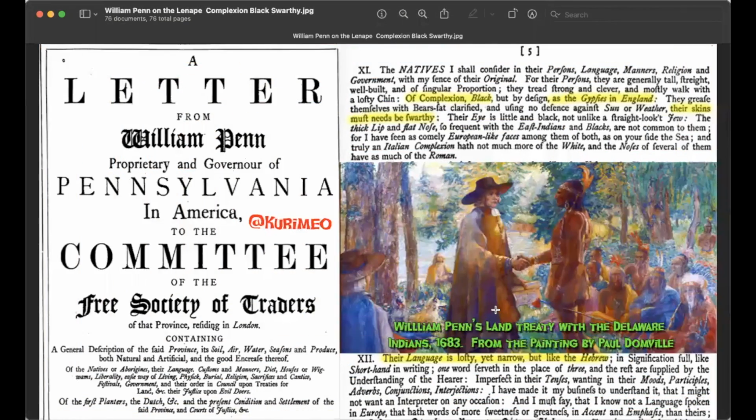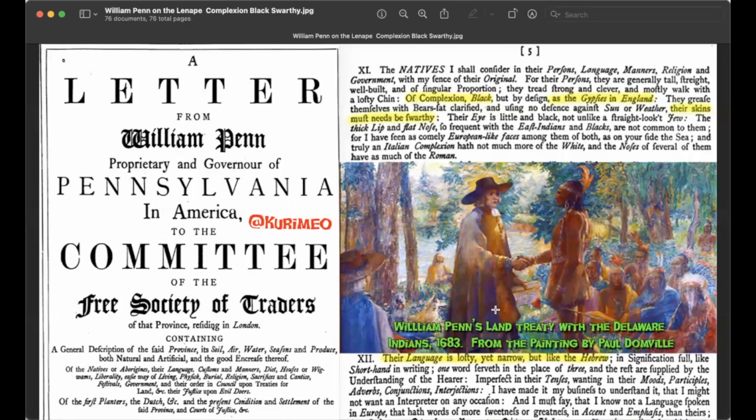A letter from William Penn, proprietor and governor of Pennsylvania in America, to the Committee of the Free Society of Traders. All right, this is from the 1600s. And William Penn, yes, the founder of Pennsylvania, or the person that named the state after, he says, the natives I shall consider in their persons, language, manners, religion, and government, with my sense of their original. For their persons, they are generally tall, straight, well built, and of singular proportion.